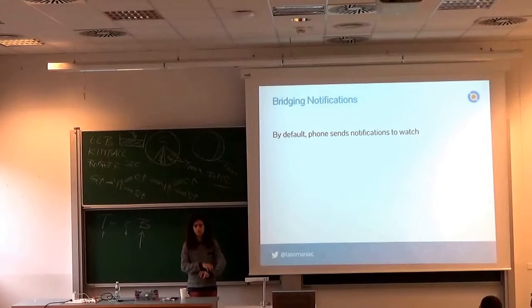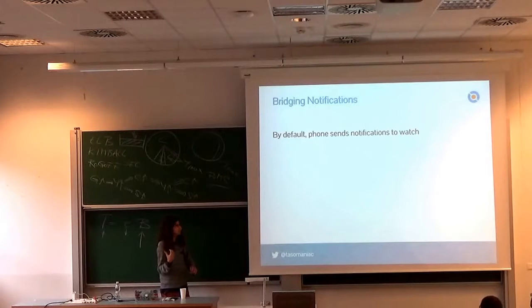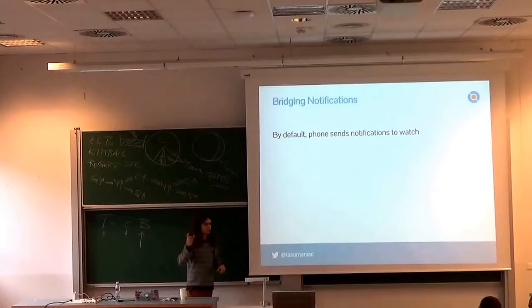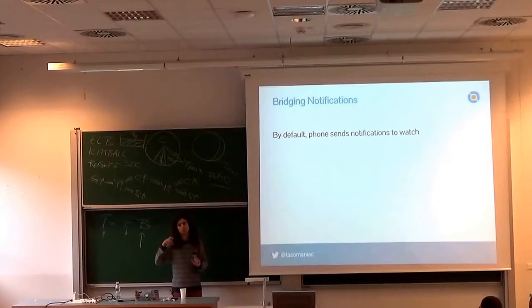But when you have a standalone application, things get complicated. In the older versions of the platform, there is nothing automatically provided. So there is a communication API between watch and phone. What we had to do is track what is going on in both devices to sync the states of the notification.